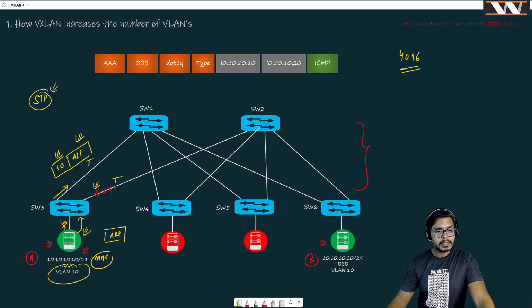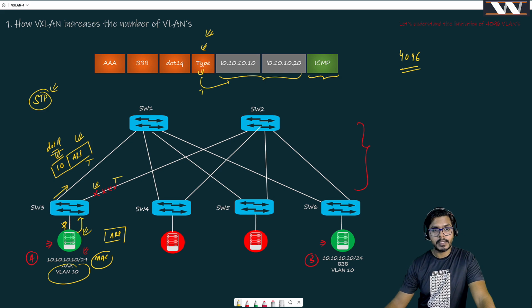And this tag, this number, is actually known as .1Q. If we see the same thing in the layer 2 header, suppose instead of ARP this is an ICMP message, then the source IP and destination IP are going to be there. Then the type field, which specifies what is inside, is going to say the inside message is IP.